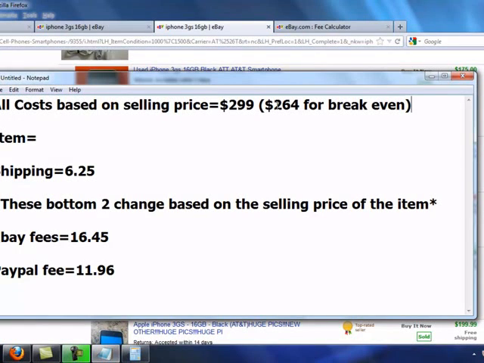So this means that selling one of these unlocked phones at $299 is going to cost me $34.66, about $35 in fees, right? So I minus that from the $299, and that's $264 or 65 bucks, however you want to look at it.